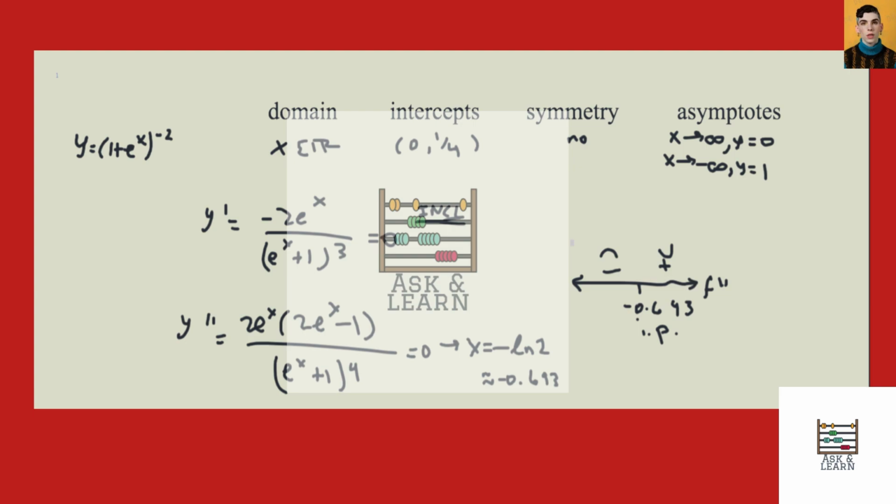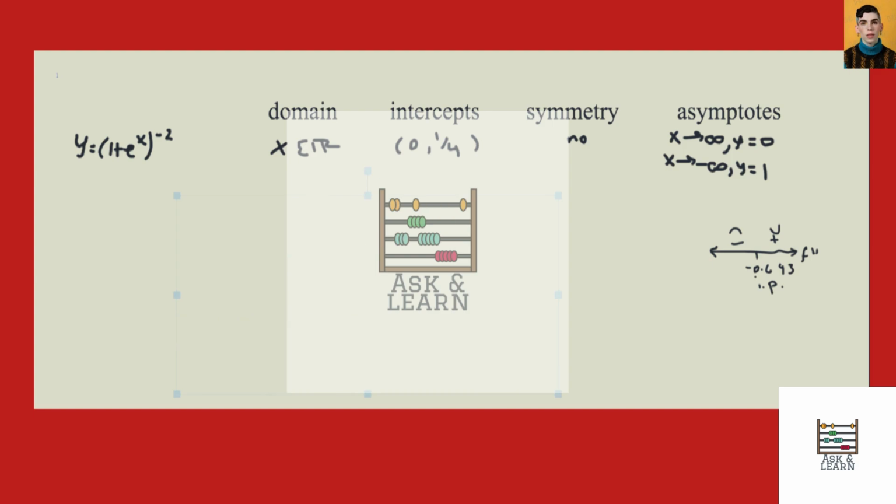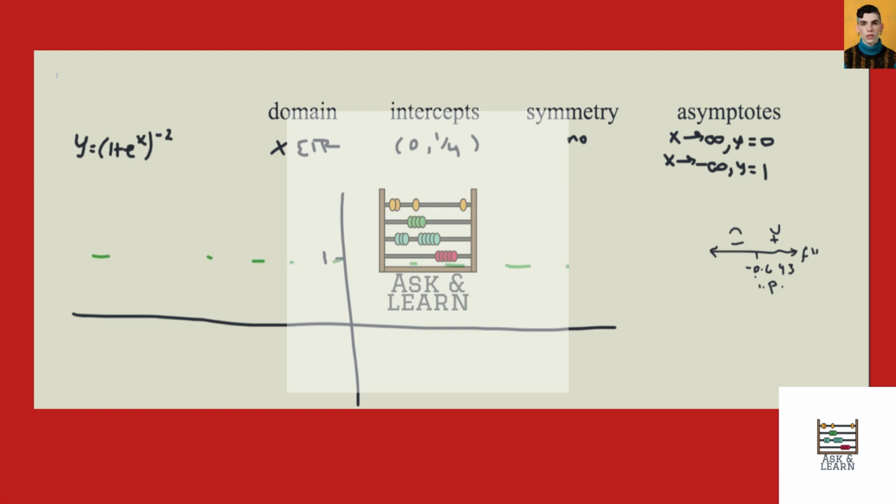All right. Now we can graph with the information we have. So we can graph our asymptotes first. Let's say this is 1. So we have one asymptote at y equals 1, and we have another one at y equals 0.